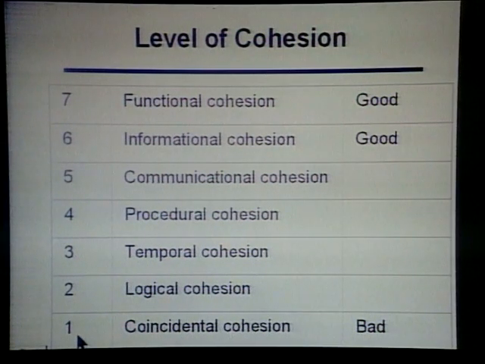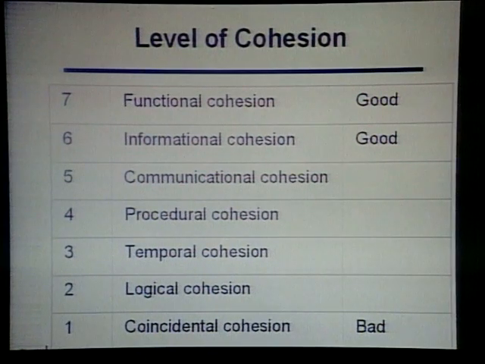We start from level 1, which is the lowest level of cohesion. We call it coincidental cohesion. Then the next level is logical cohesion. Then we have temporal cohesion, procedural cohesion, communication cohesion, informational cohesion, and functional cohesion.